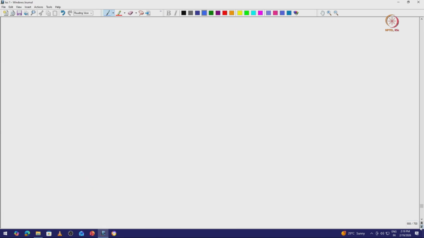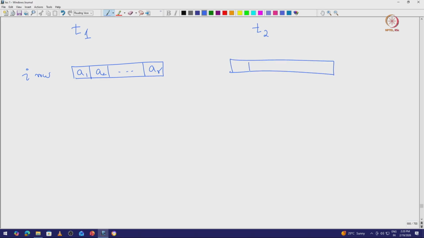That means if I fix a row, say the ith row of T1, it will have some entries A1, A2, up to AR. The ith row of T2 is obtained by permuting the entries in the ith row of T1, so again of size R, with entries AI1, AI2, and so on up to AIR, which is simply some permutation of A1 through AR.